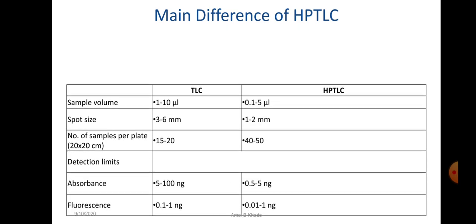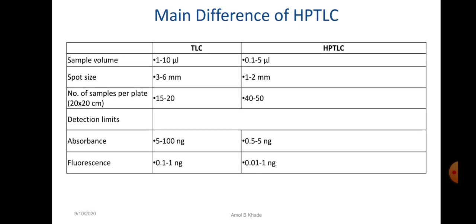Now, the other point of difference is the sample volume. Usually in TLC we spot 1 to 10 microliter of sample on the plate, whereas in HPTLC we can spot even less than 5 microliter, between 0.1 to 5 microliter.